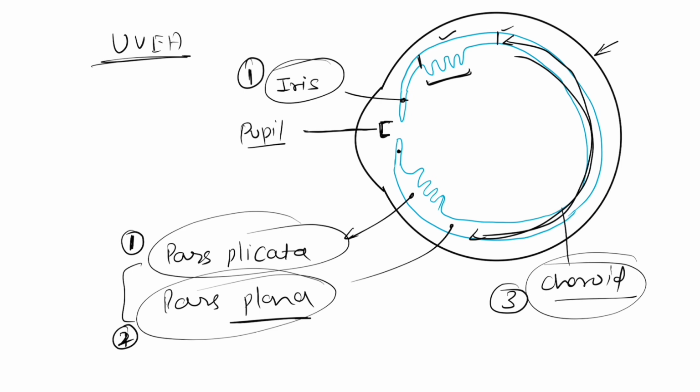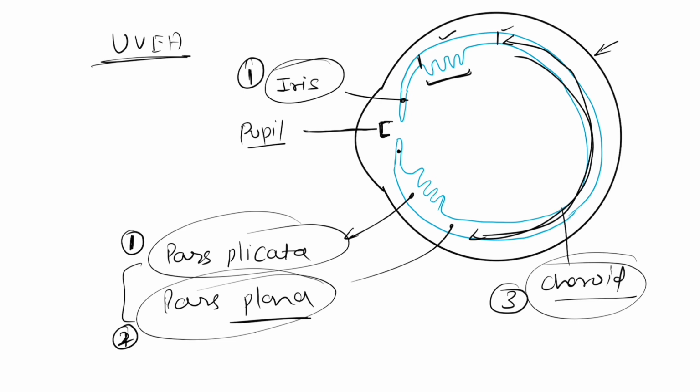Now you know iris is a muscle which has an aperture, the pupil. It is a pigmented muscle, I would say. That's why there is a color. The different eye colors are due to these pigments.